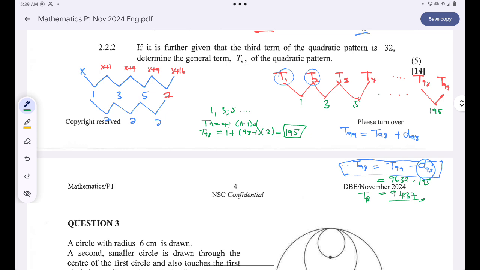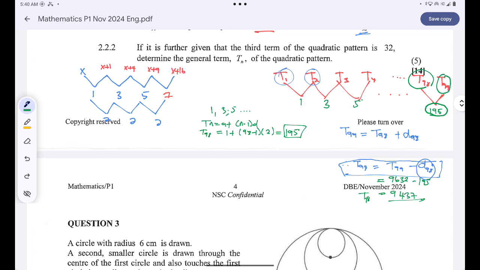Are you together? So these guys form a pattern. The first term is between T1 and T2. The second term is between T2 and T3. The third term is between T3 and T4. So that means the 98th term will be between T98 and T99.